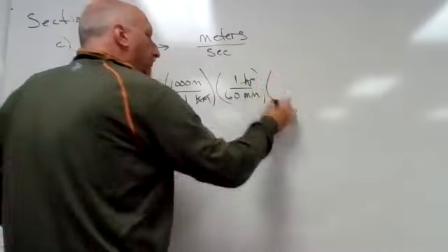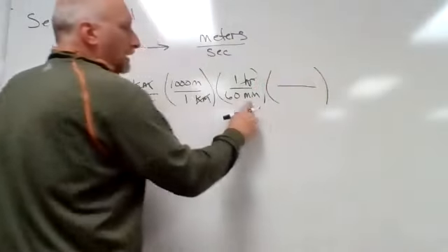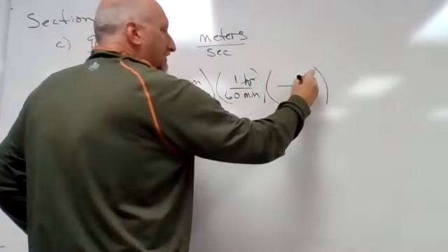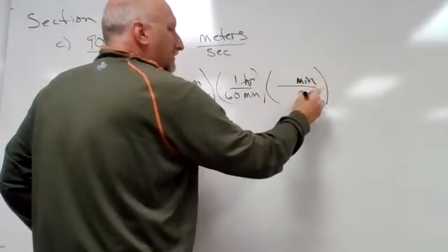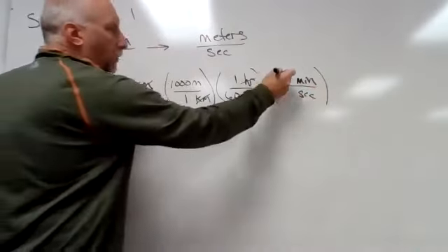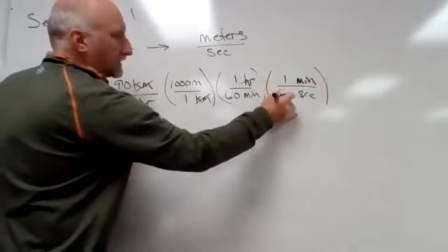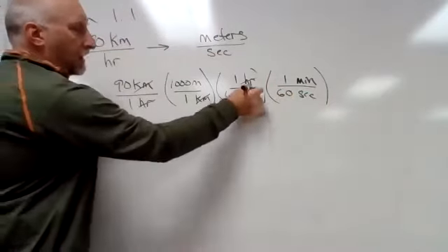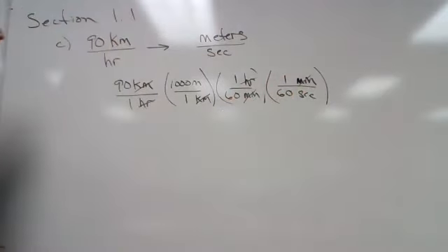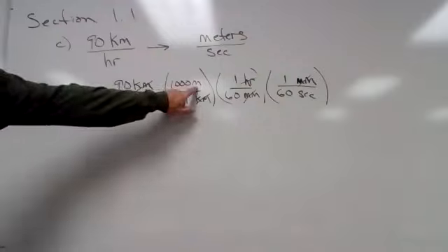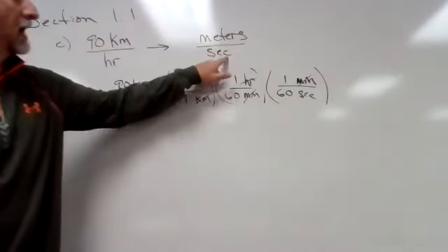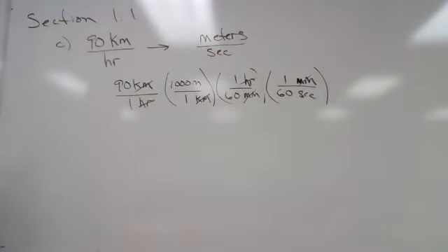So I've got to go one more fraction. Convert minutes into seconds. I know that 1 minute has 60 seconds, and my minutes cancel. I'm left with meters on top, seconds on the bottom. I know then I'm done with my conversion.